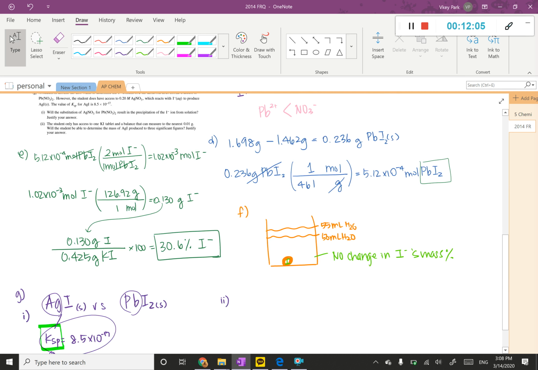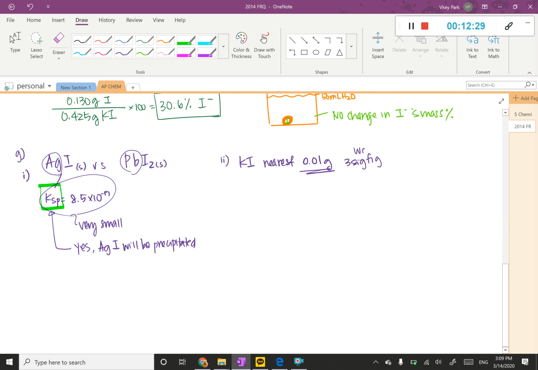They just told you the tablet is measured to the nearest 0.01 grams, and they want 3 sig figs. If you're looking at this number right here, how many sig figs does this have? It only has 1, right? So can you bring in 2 more significant figures based on this? No, you can't. And therefore, you say no.